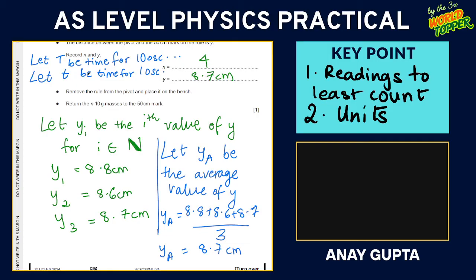And after I do all that, this is just one oscillation, the small t. Please don't mind the legibility of my writing. Then we use the formula small t equals capital T divided by 10 and we get our value for small t. That is a way that we ensure maximum accuracy in our readings.